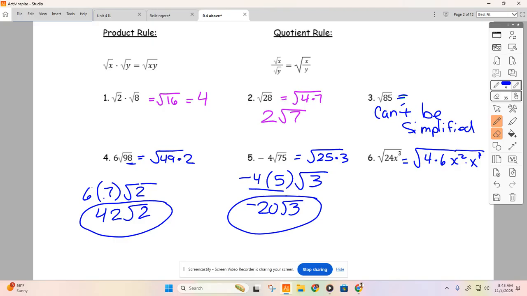I separated it into x squared times x. Because now I can take the square root of 4, which is 2. That's taken care of. The square root of x squared is x. That's taken care of. What's left underneath is 6x. That's my answer.